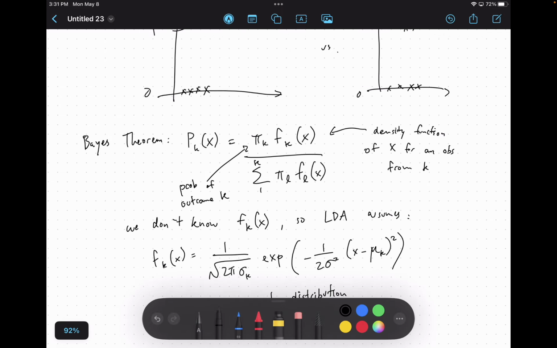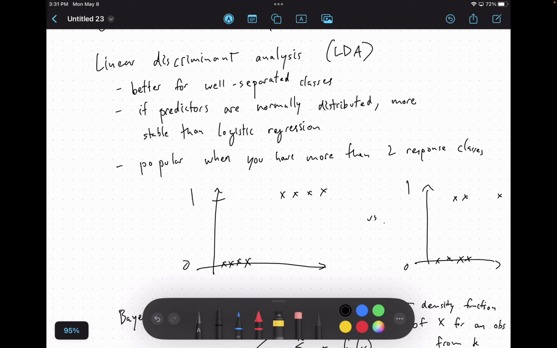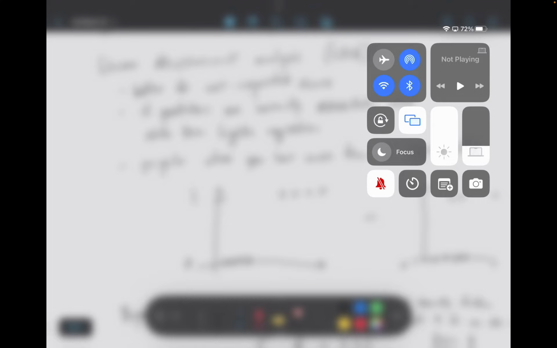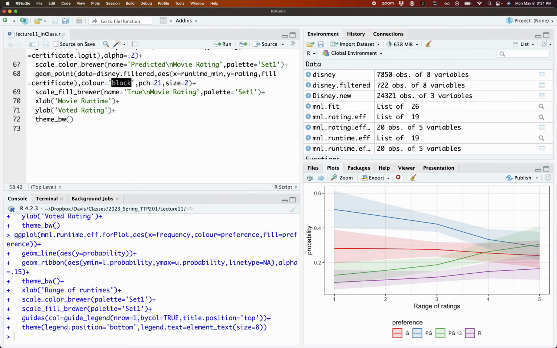The preference for one or the other can be boiled down to some general rules like this, based off of the separation of the classes and how many response outcomes you might have. General rule of thumb, okay? So we'll quickly look at that, and then we'll do our last classification example, which I think is a little bit more interesting than the LDA.